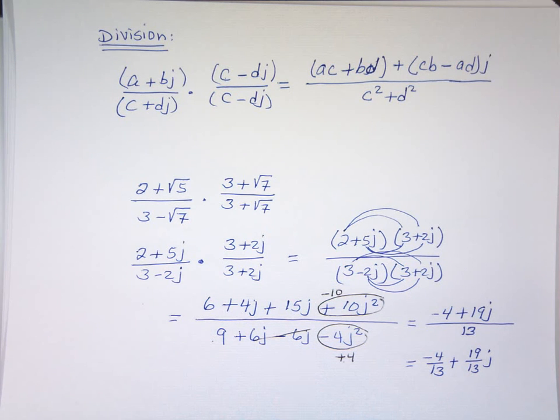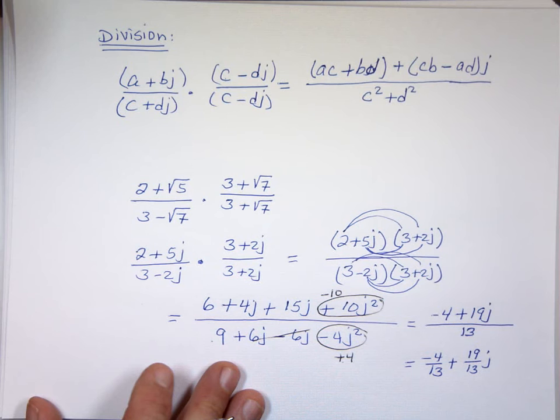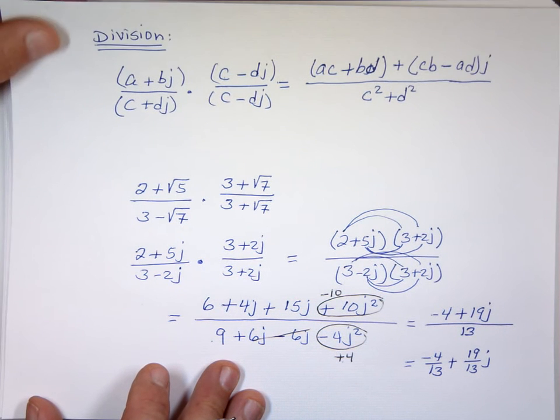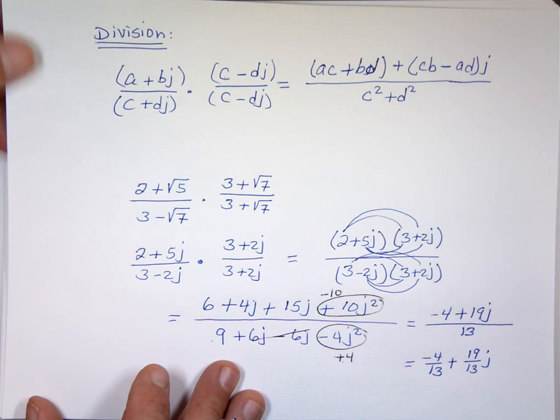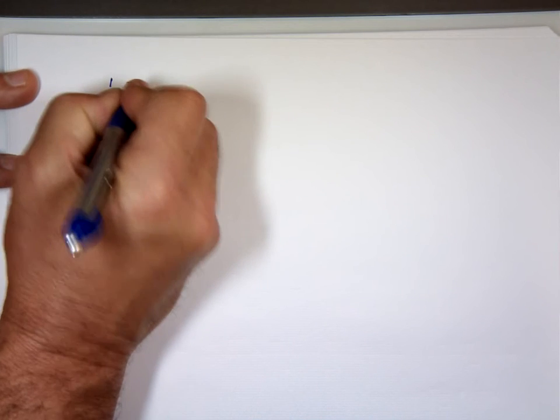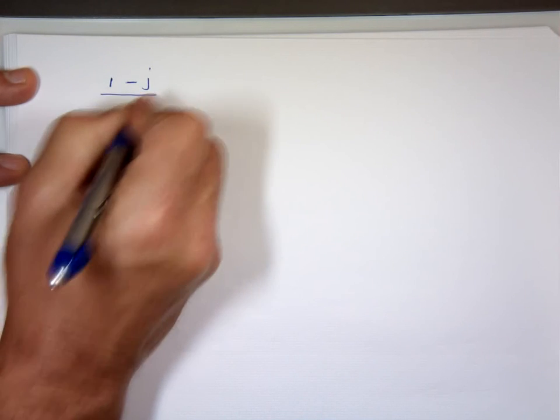I'll try another one or two. Maybe I'll put a twist in it there. What about if you have 1 minus j divided by 3j?